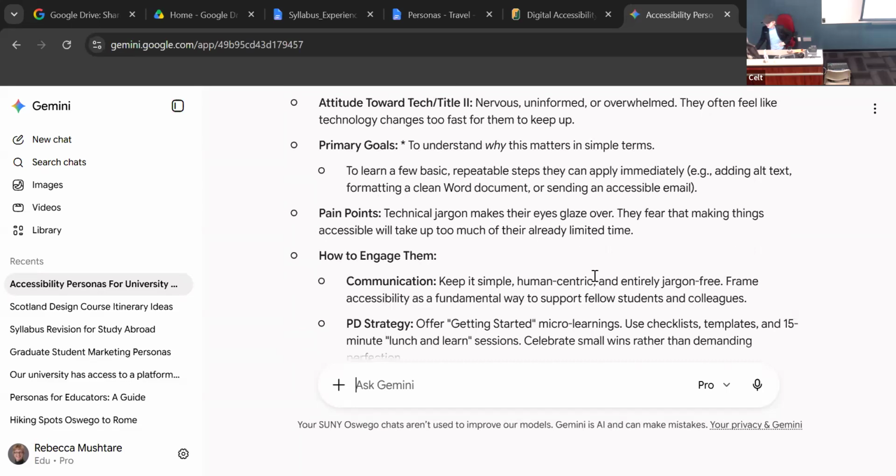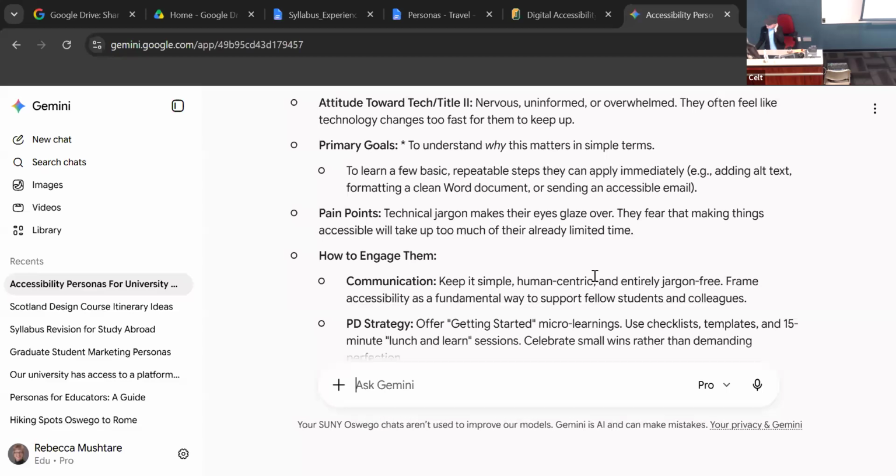So this one says the attitude: nervous, uninformed, or overwhelmed. They feel that technology changes too fast for them to keep up. Primary goals, to understand why this matters in simple terms, right? They're looking for basic, repeatable steps. You can think workflows or things like that, checklists.